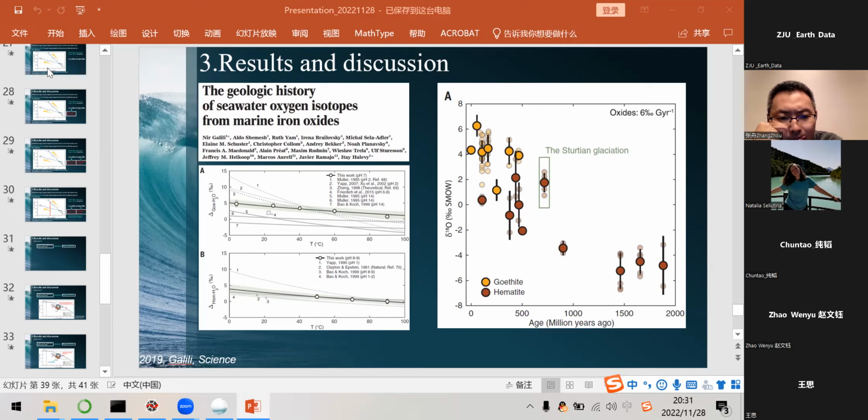Actually, most of the oxygen isotope fractionation between the sedimentary rocks and the seawater is time dependent, and finding this iron oxidized sample is pretty distinct. So that's why you could publish in Science.